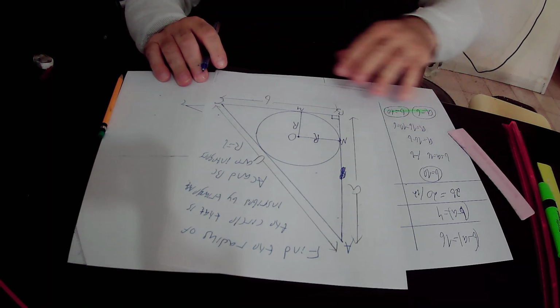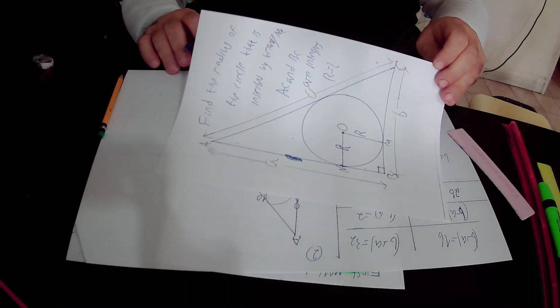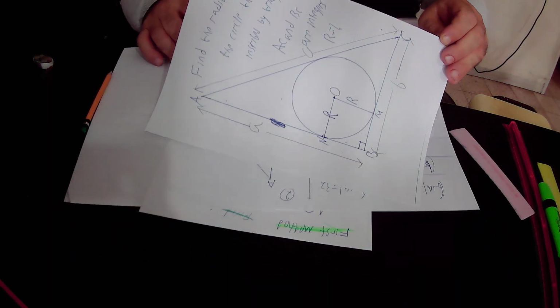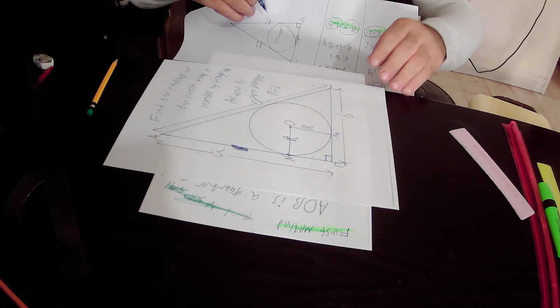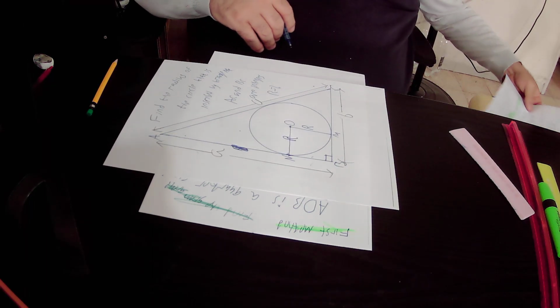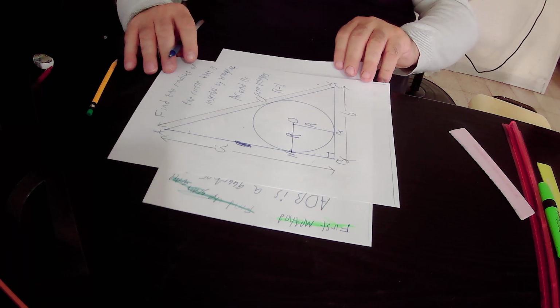So here we have rule number 1. According to rule number 1, a tangent to a circle is perpendicular to the radius drawn to its point of tangency.